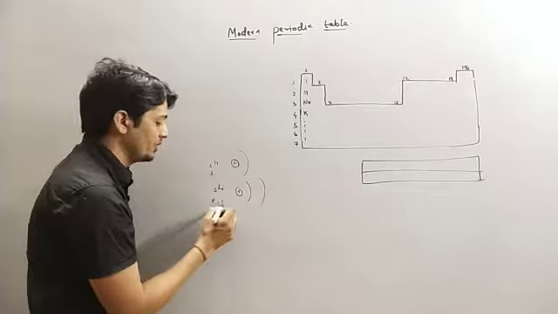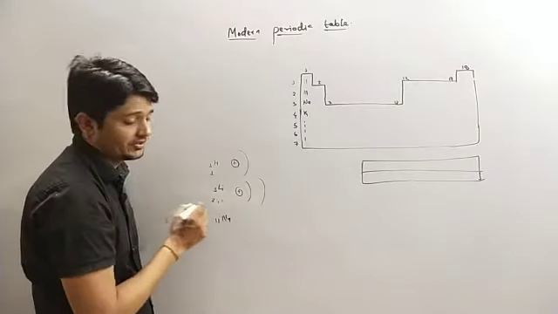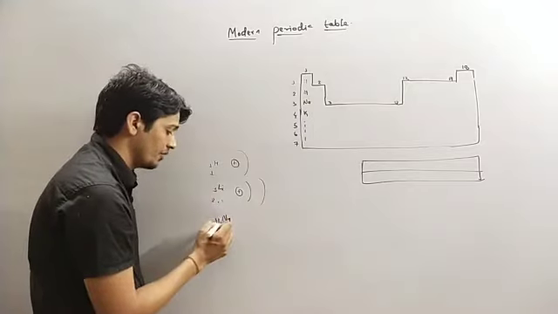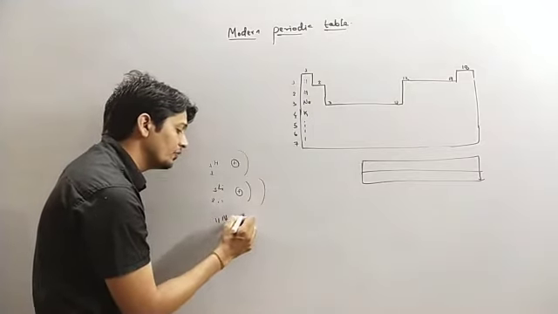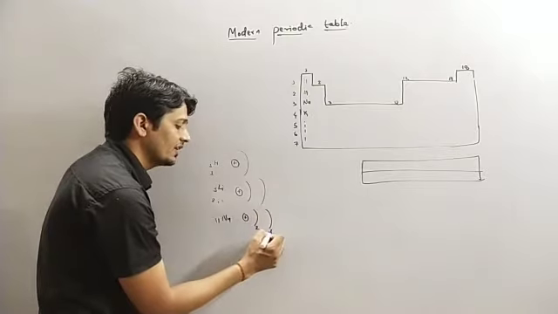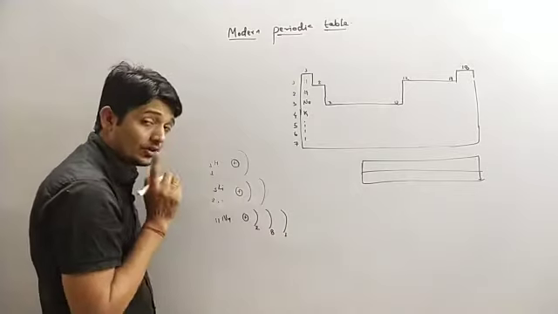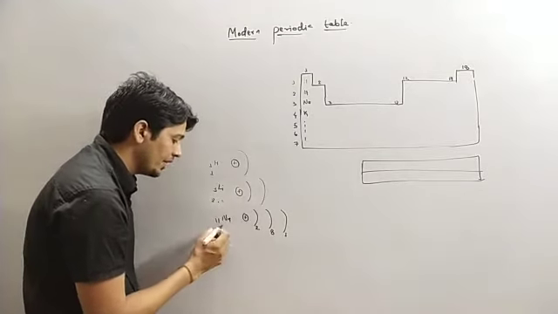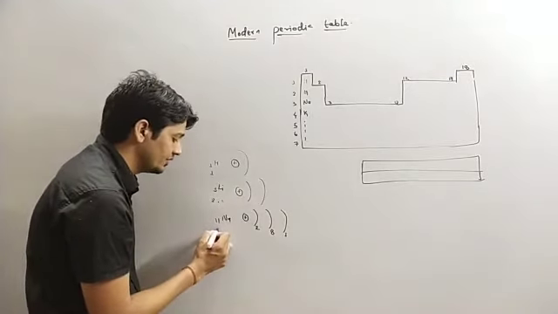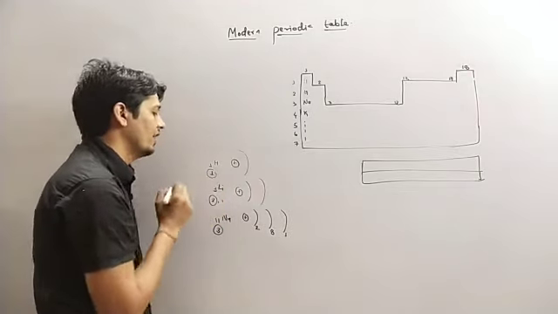Sodium has 11 electrons. So the first shell contains 2 electrons, second shell contains 8 electrons, and the last shell will contain only 1 electron. That means sodium has 3 shells, lithium has 2 and hydrogen has 1.